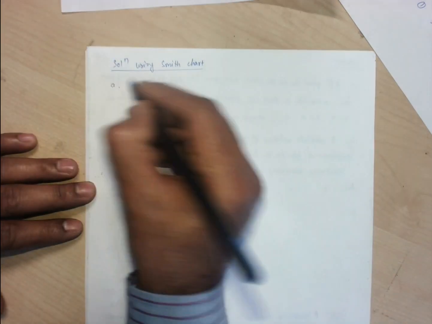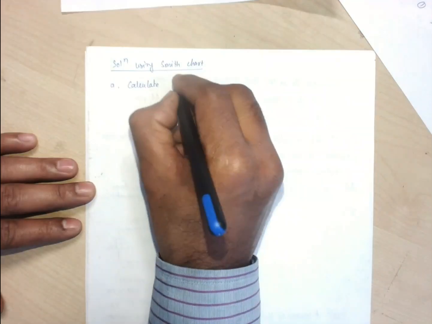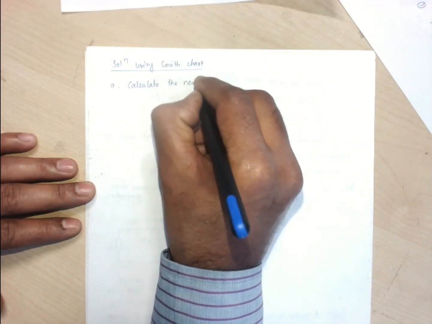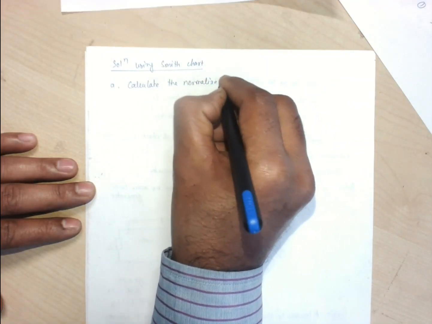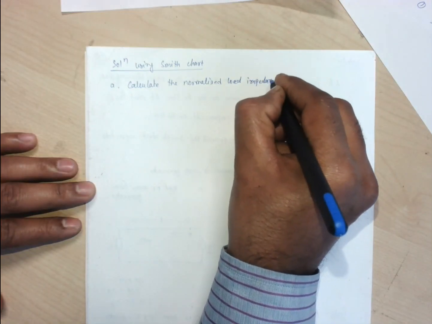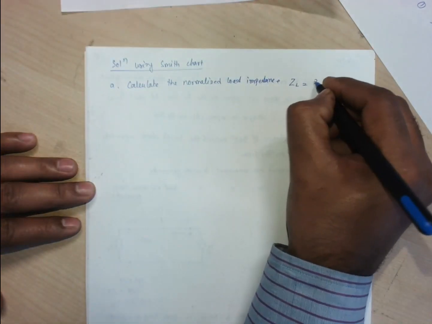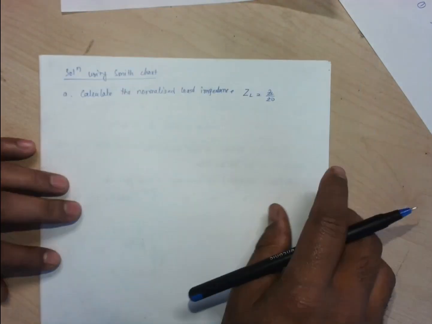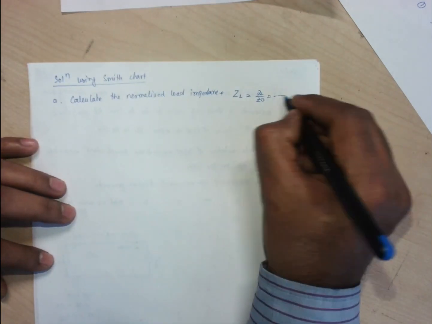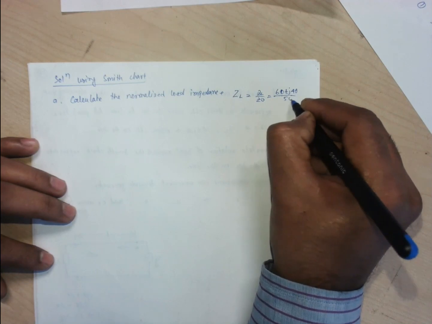So first point, calculate the normalized load impedance ZL, it is ZL by Z0. So it is 60 plus J40 by 50.